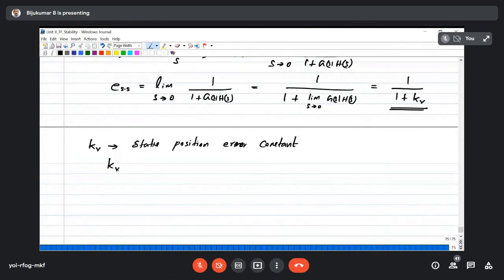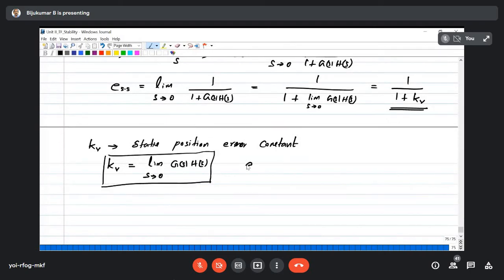How will you determine this Kv, where Kv is equal to limit s tends to 0, G of s, H of s? Clear? And the steady state error is equal to 1 by 1 plus Kv.